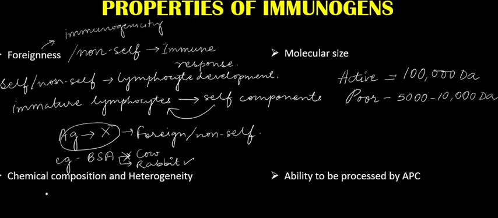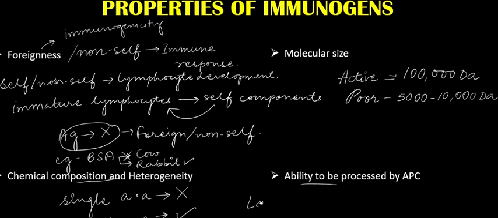Next comes chemical composition and heterogeneity. If a molecule is made up of a single amino acid, it will lack immunogenicity, while if it is made up of different amino acids, it will have the property of immunogenicity. Next is the ability to be processed by antigen presenting cells.